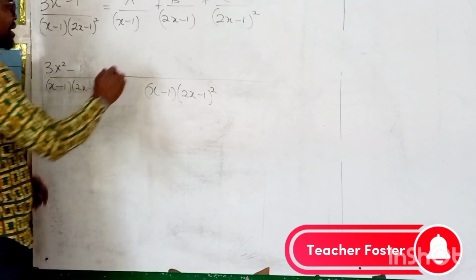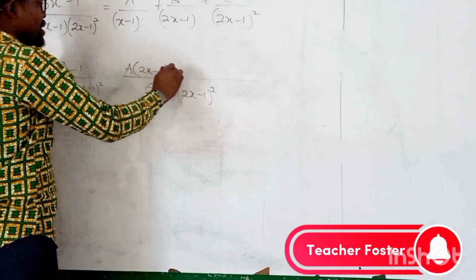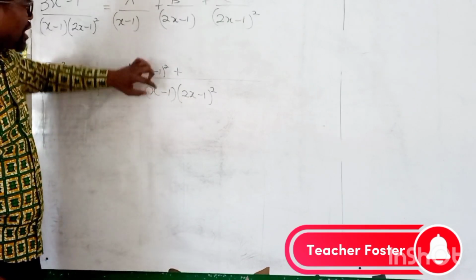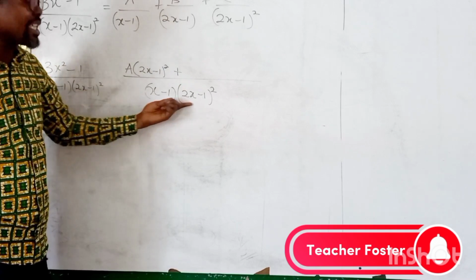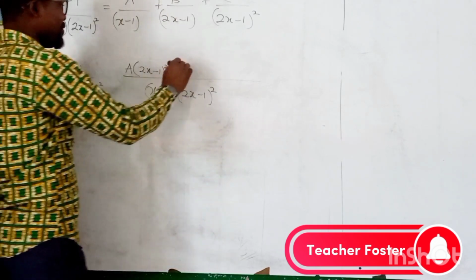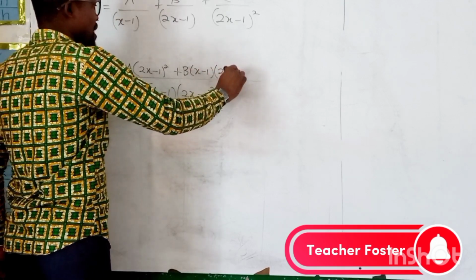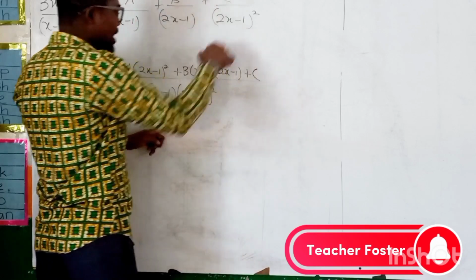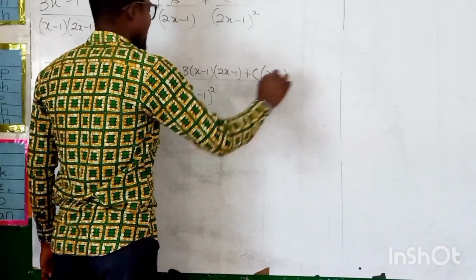That means I'll be left with A multiplying (2x minus 1) squared plus B. Now, B into this, I'll be left with this, but there are 2 of this, so B is taking care of one of them. So I'll be left with B into bracket (x minus 1)(2x minus 1), and plus C. The denominator takes care of this, so I have C(x minus 1).